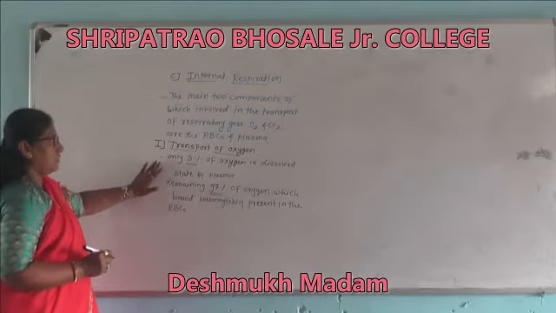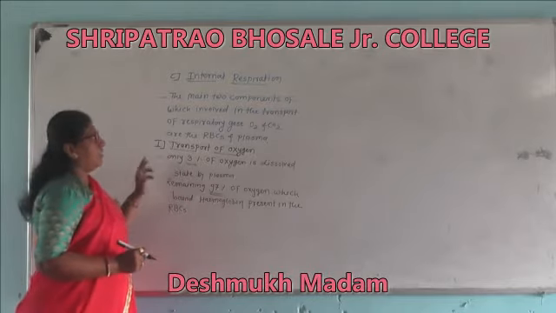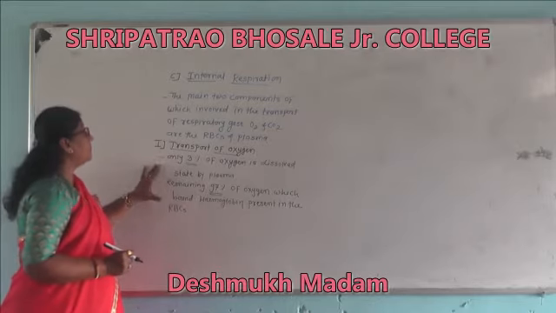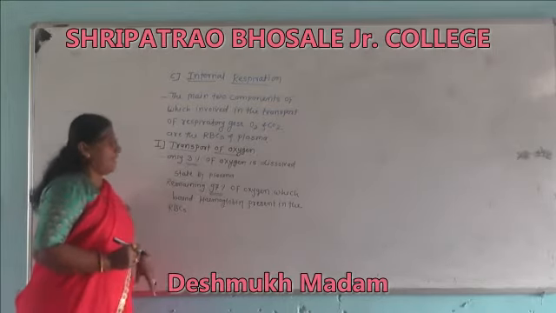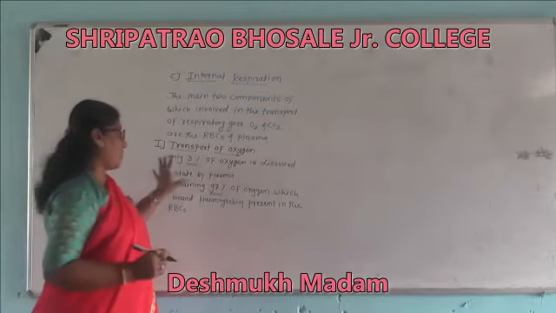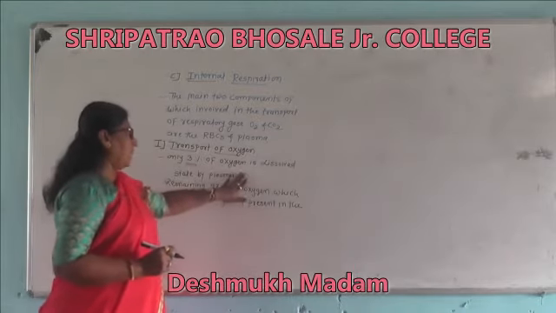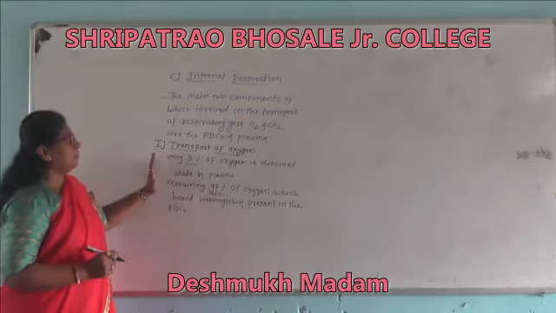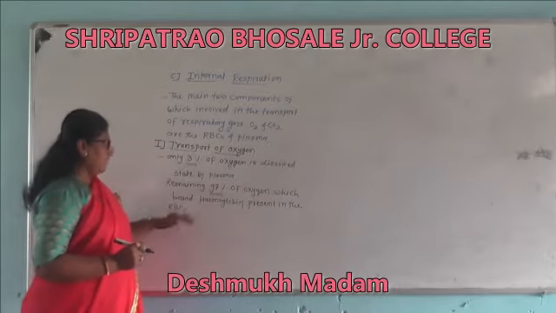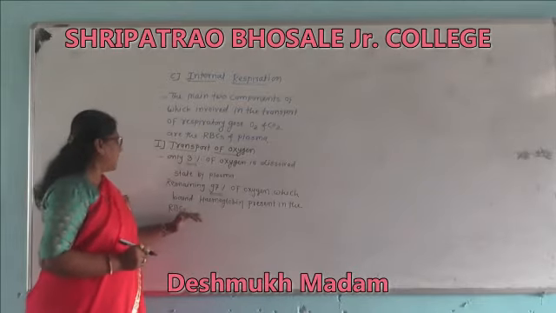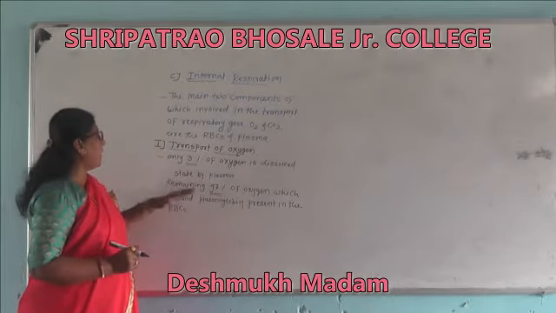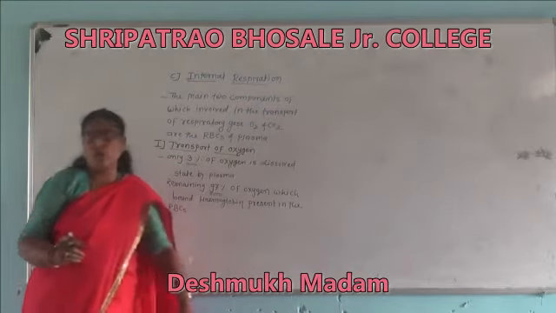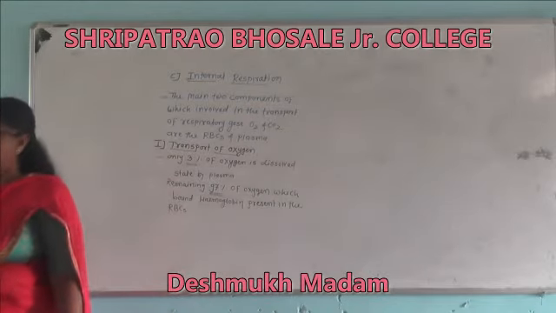When oxygen is transported in plasma, only 3% is in the dissolved state. When transported through the second component of blood, the RBC, the remaining 97% of oxygen is bound to hemoglobin present in the RBCs.